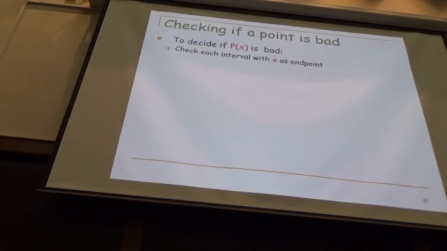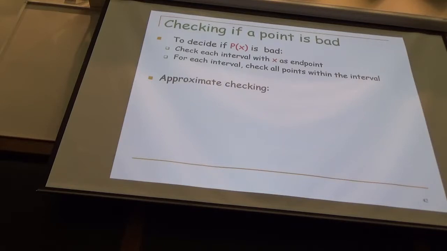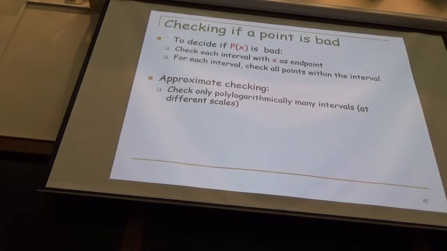So to decide if X is bad, we have to check each interval with X as endpoint, and for each interval, we have to check all points within the interval. But we can do this approximately. Instead of searching all intervals, you take a logarithmic number of intervals with some factor like 1.01: 1.01 length, 1.01 squared, etc. We check all those intervals, and then within each interval, you can check the violations by randomly sampling within the interval.